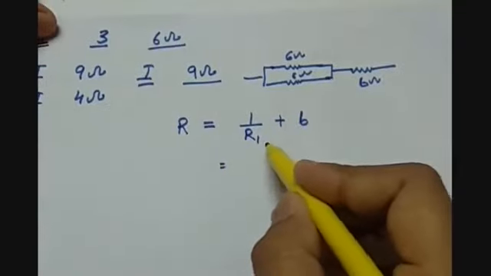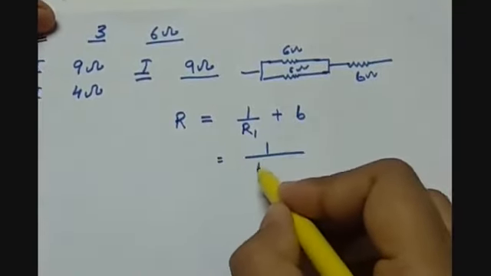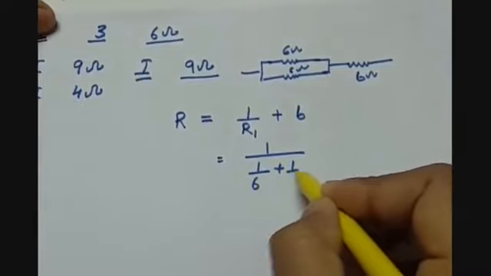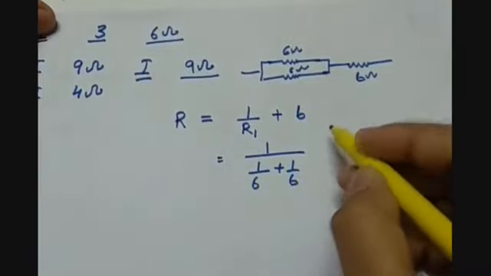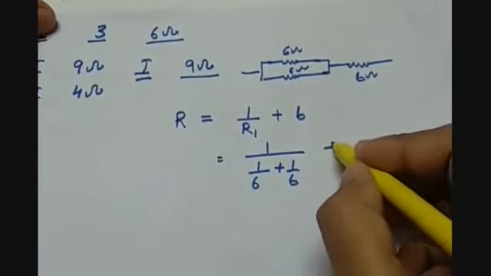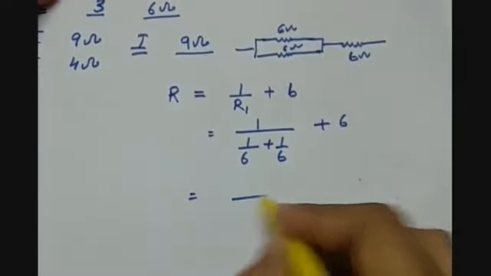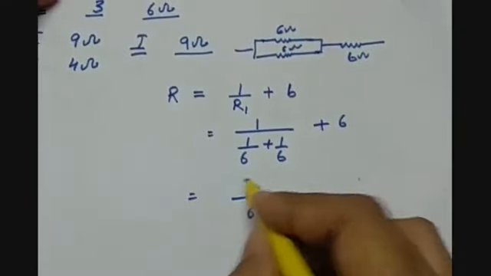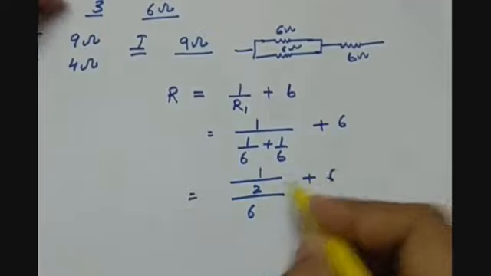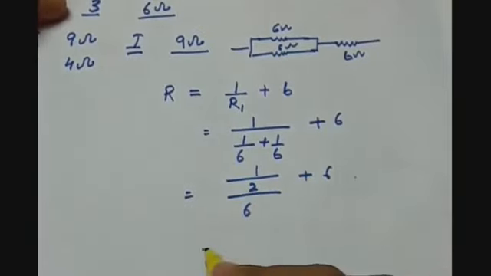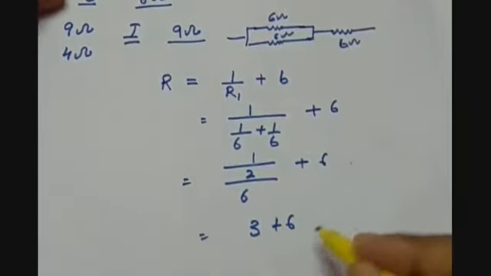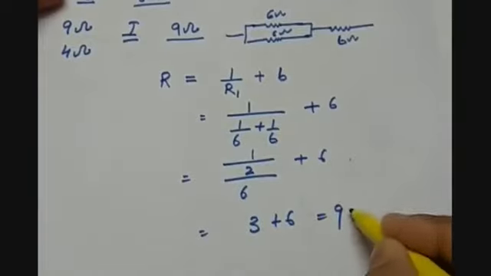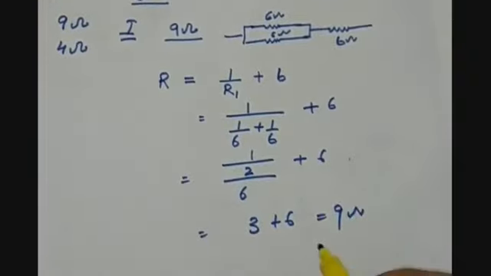So R1 will be 1 upon 1 plus 6, 1 plus 6, so this comes out to be 3 and here we have a 6. So total is 9 ohm which was required in the first case.